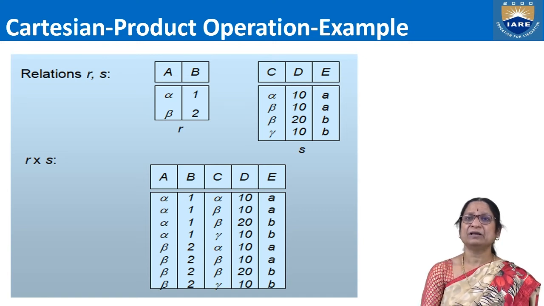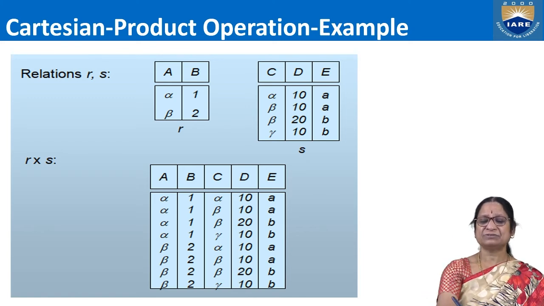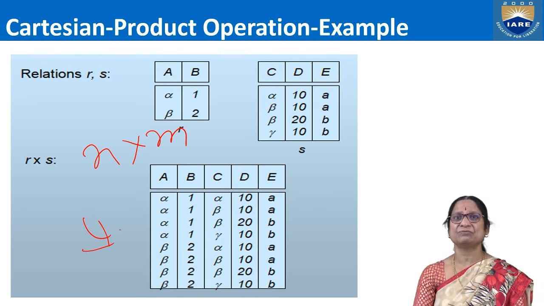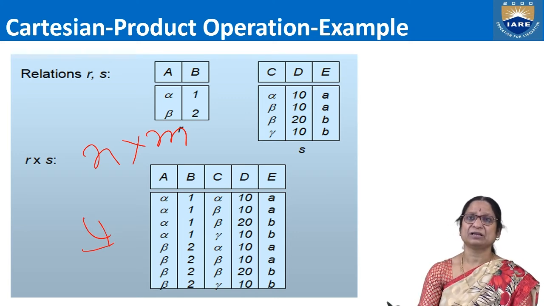If the first relation consists of n tuples and the second relation consists of m tuples, then the Cartesian product consists of n times m tuples.